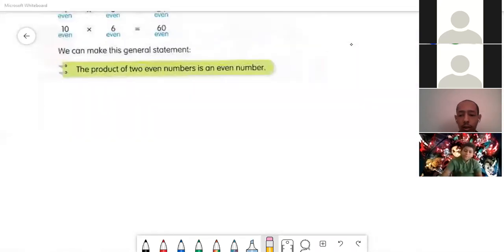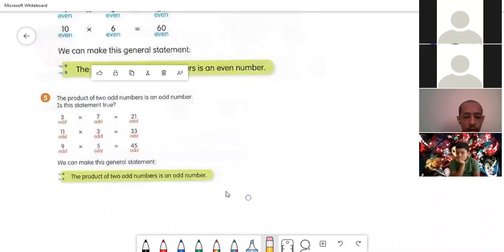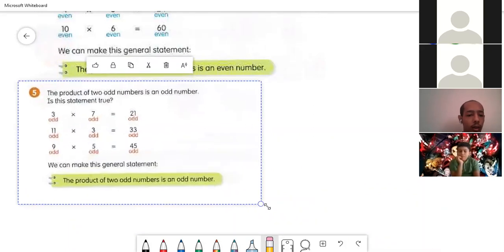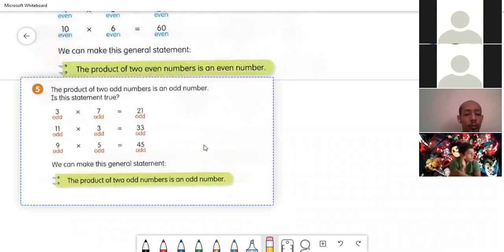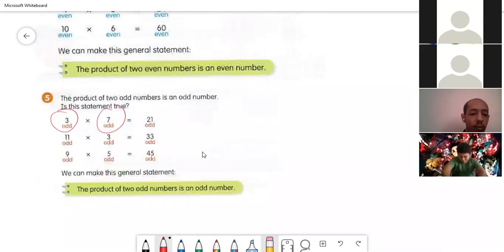What about the next statement? Okay, the product of 2 odd numbers is an odd number. For example, 3 times 7. The 3 is odd and the 7 is odd.